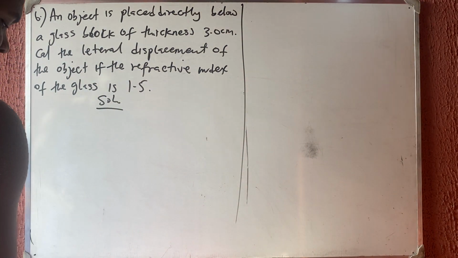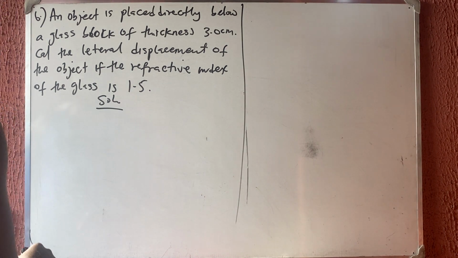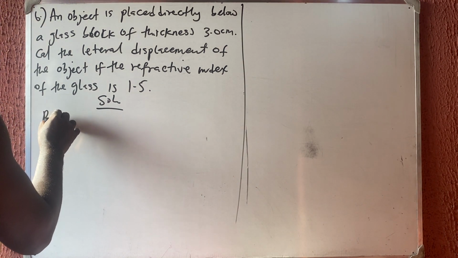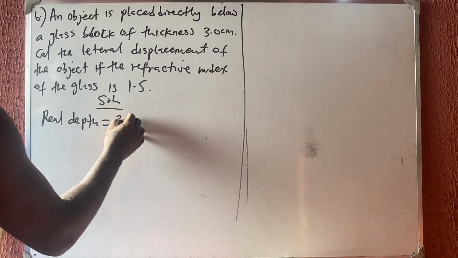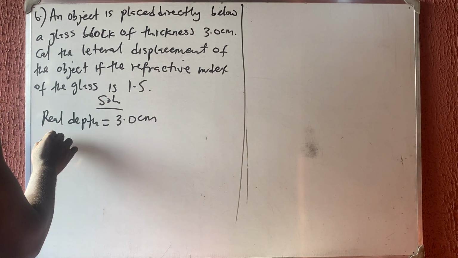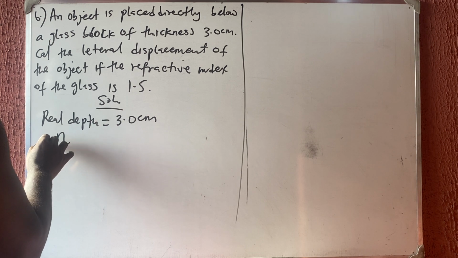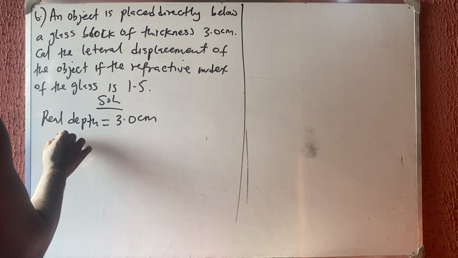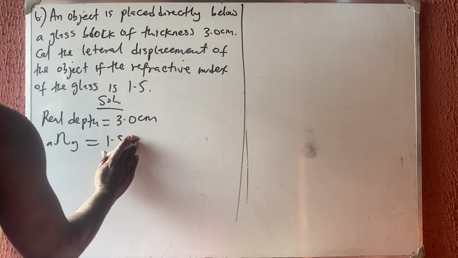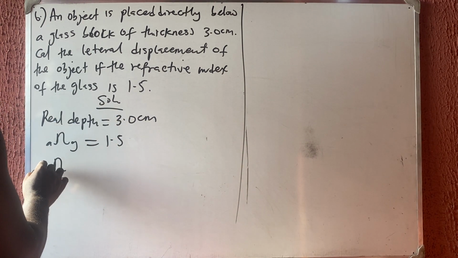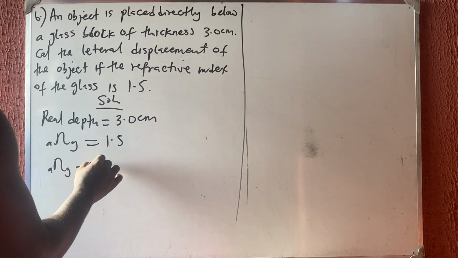Solution. Now, this is very, very simple. They gave us the real depth, which they gave us as 3.0 cm, and they gave us the refractive index from air to the glass as 1.5. But I know that this n from A to G is equal to the real depth over the apparent depth.